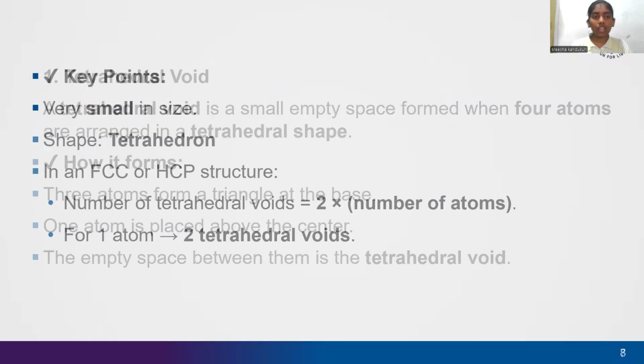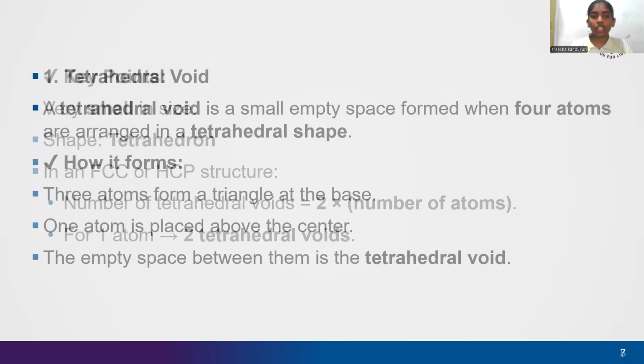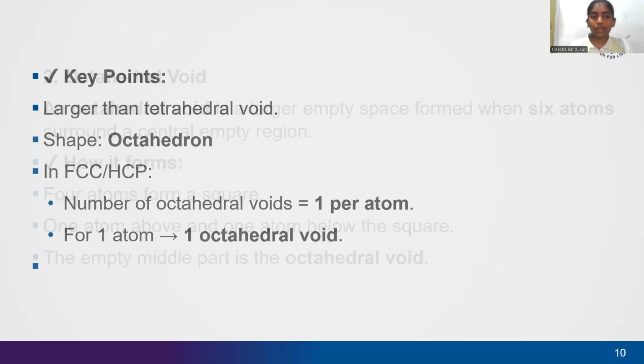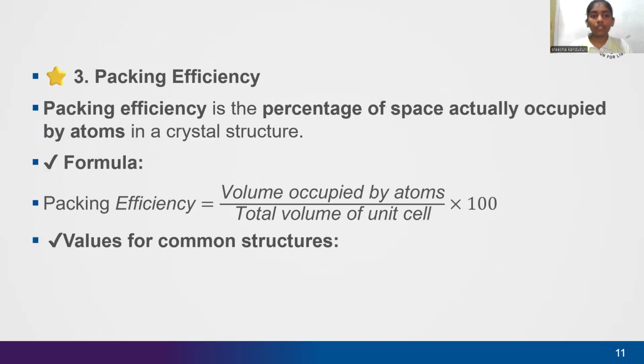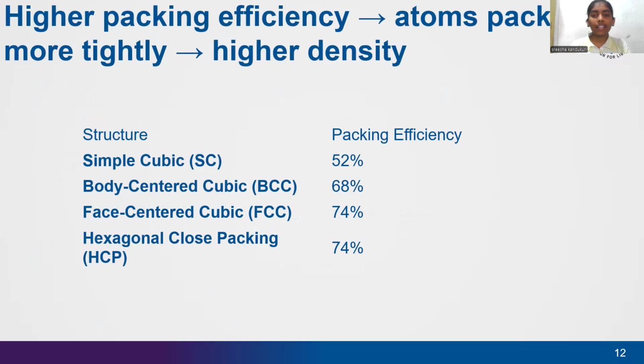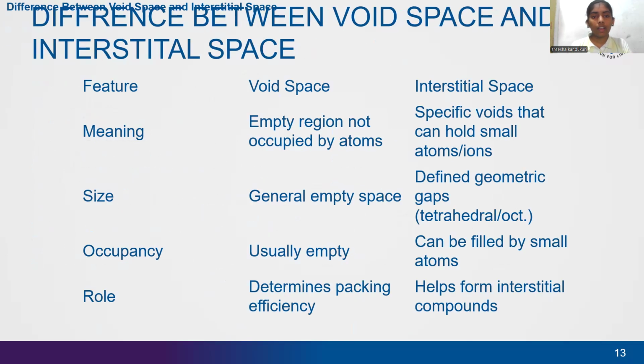We have thoroughly discussed tetrahedral and octahedral voids and some key points, and we have also discussed packing efficiency for SC, BCC, FCC, and HCP. And we have the major differences between void space and interstitial space.